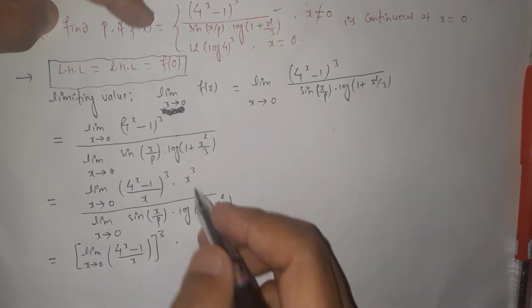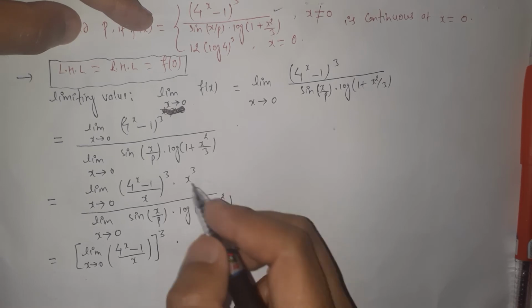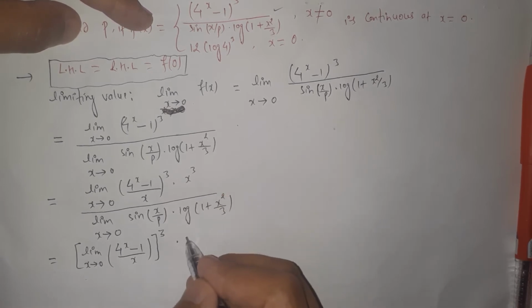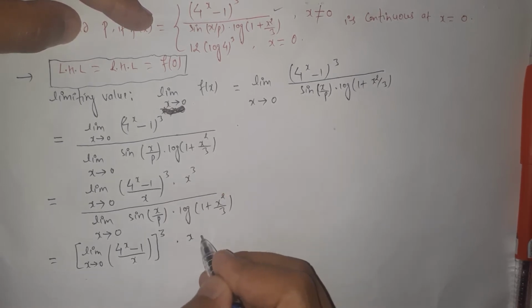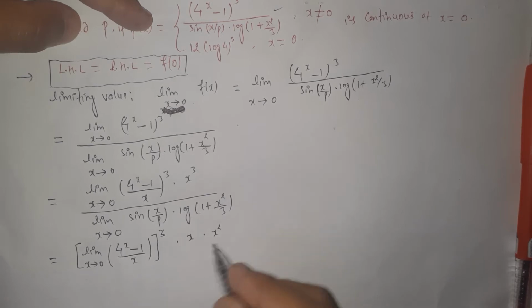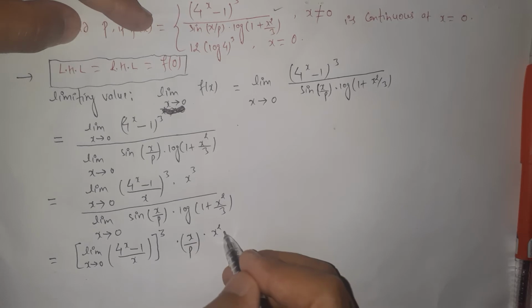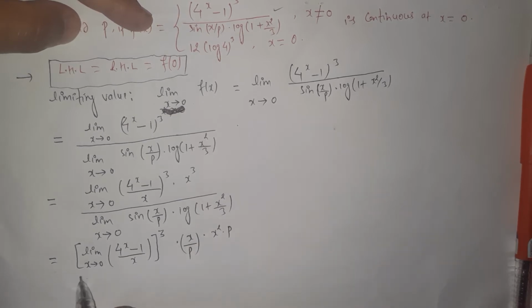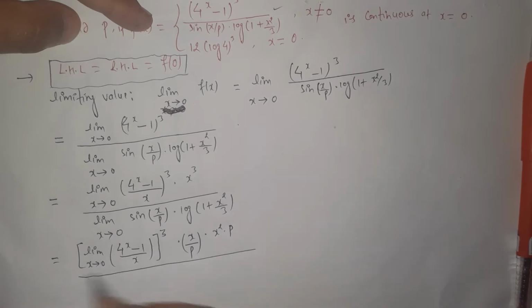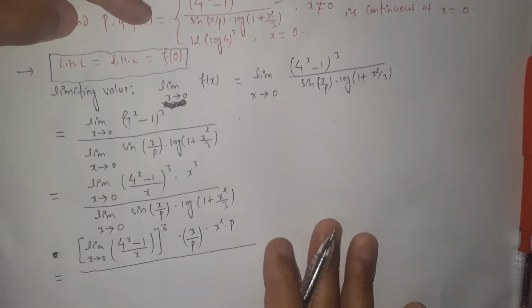and this x cube can be written as two factors, one is x and another is x square. If we divide here by pi, then we have to multiply by pi also. Here I am going to do some modifications on these expressions.